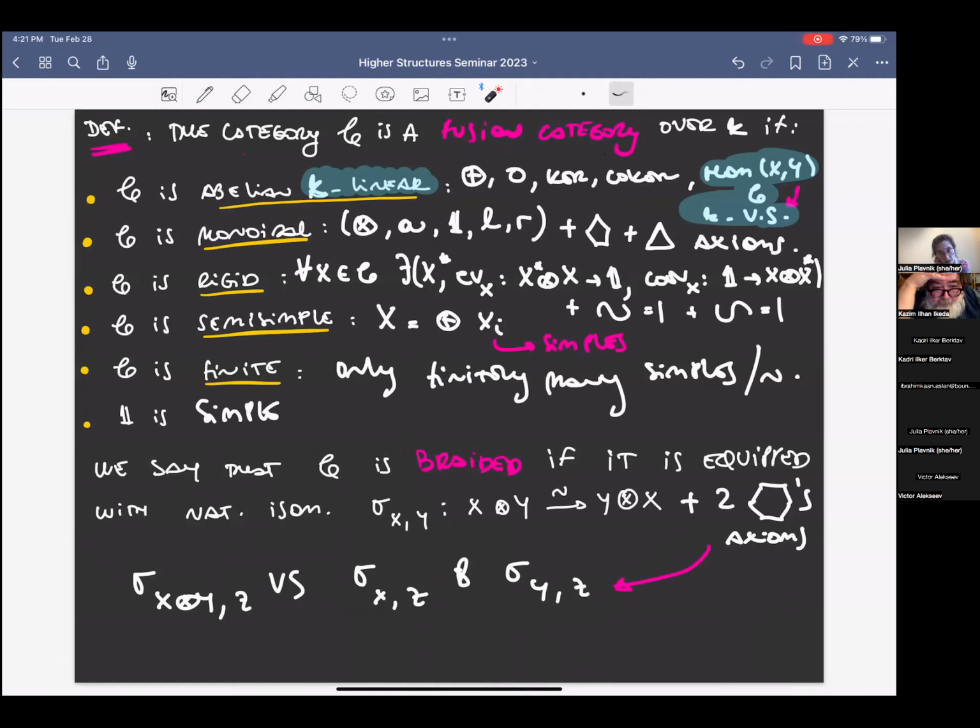Things will not work in the same way. For example, when I study a modular category, one of the invariants that we have is some matrices, and many of the things work well because things are finite. Or, for example, we define a notion of dimension for C, which is the sum of the squares of the dimensions of the simple objects, so we would not be able to have that.